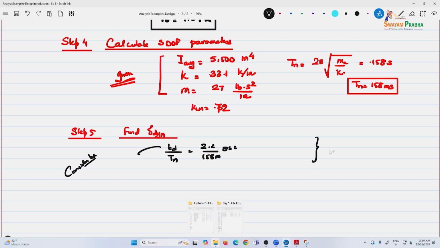So usage of the elastoplastic response spectrum is questionable, or used with caution, let's say. The best would be to use nonlinear.